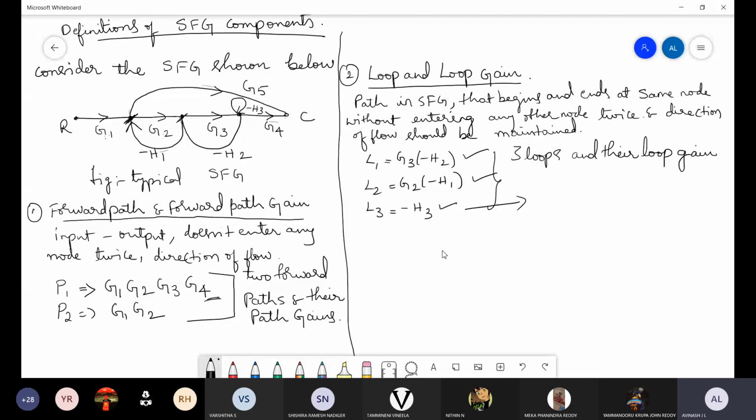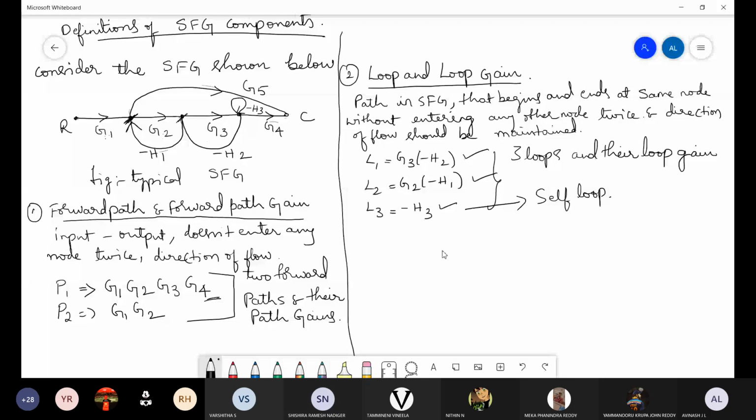So there you can say that it is a self loop. Okay, self loop means what? It is starting and ending at the same node without going to any other node. It is called a self loop. Is it clear?